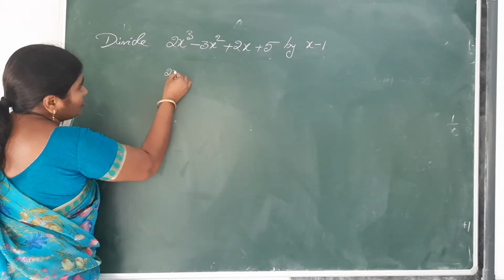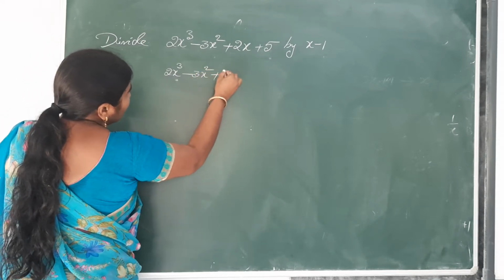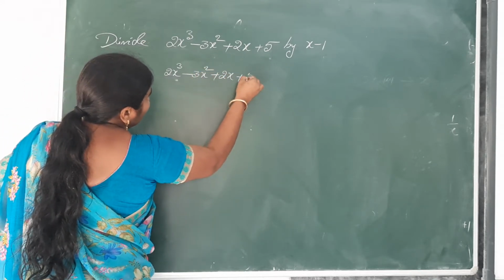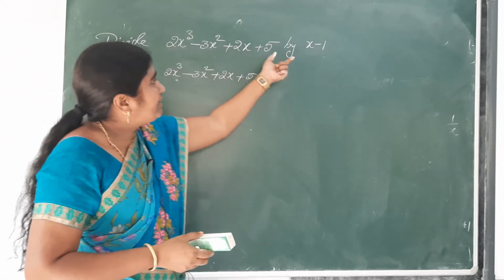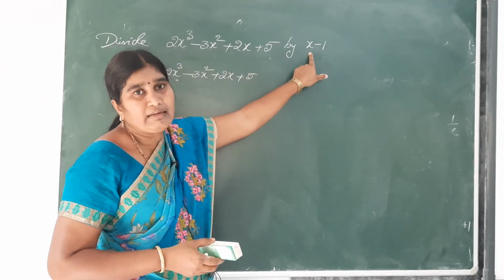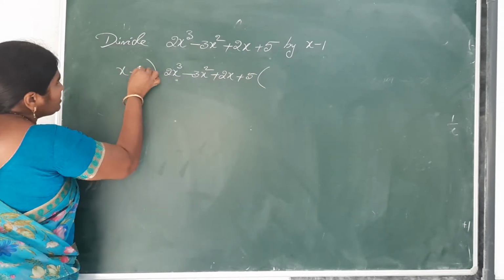Given polynomial divided by linear polynomial x minus 1.